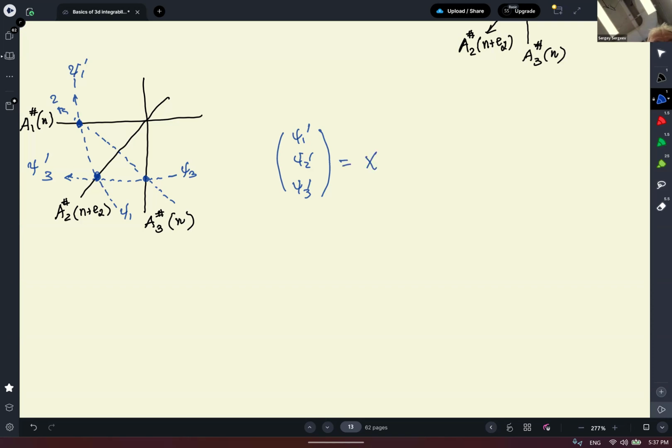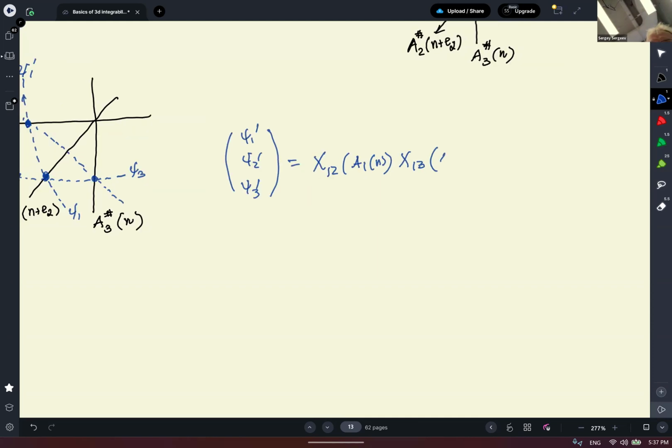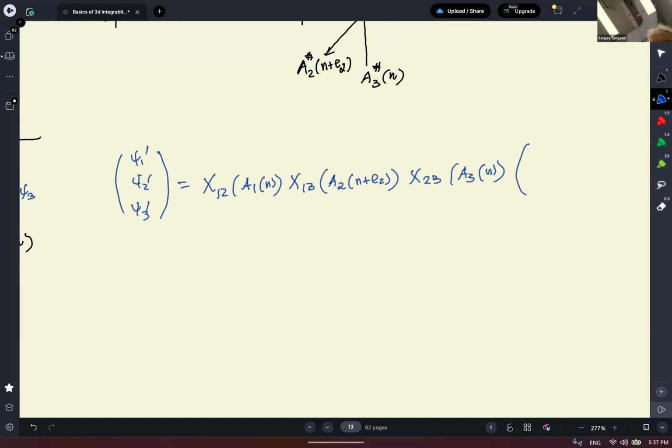So this is x outgoing 1, 2 of A1 of n, x1, 3 of A2 of n plus E2, x2, 3 of A3 of n, then times psi 1, psi 2, psi 3.